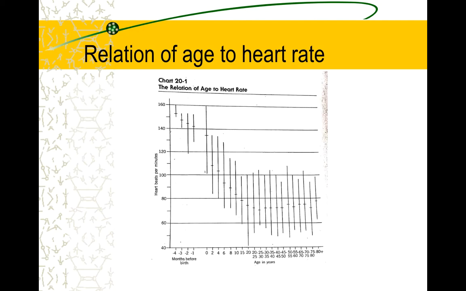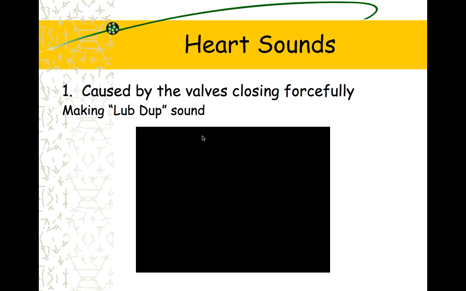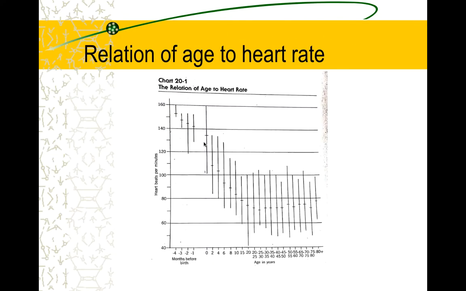And when a baby is born, their heart rate is usually somewhere between 100 and 160. So you can see the cross line on my chart here is going to be the average, but then this is the range. And then you'll notice after a child is born, it just continues to fall until we reach somewhere between 60 and 80, okay?